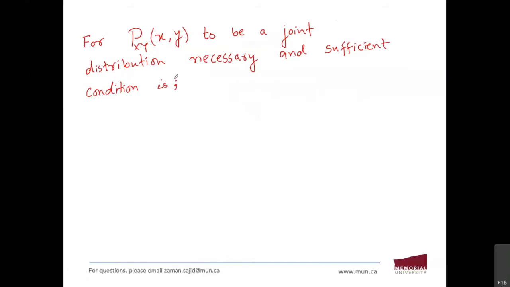The first condition is that this probability value P of x, y should be greater than or equal to 0, and this is valid for all values of x and y.